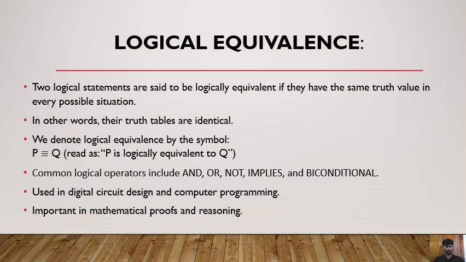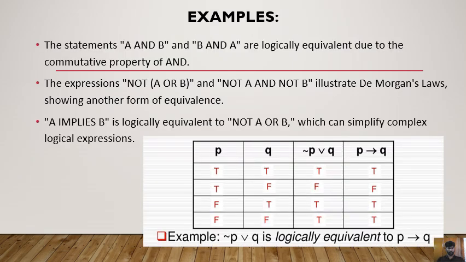Common logical operations include and, or, not, implies, and biconditional. Used in digital circuit design and computer programming, and important in mathematical proofs and reasoning. Examples: the statements A and B, and B and A, are logically equivalent due to the commutative property of and.